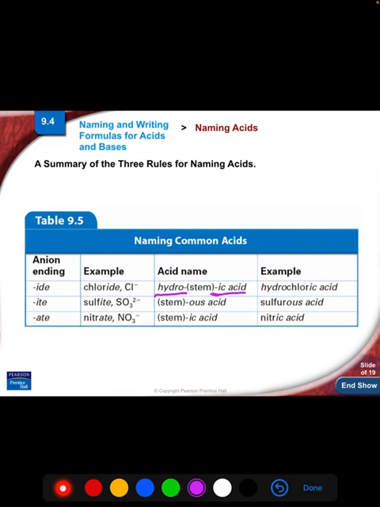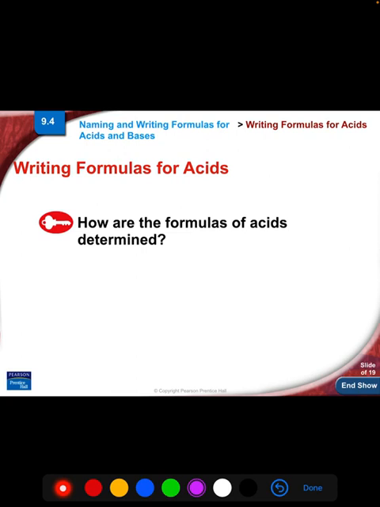If it ends in, I'm going to go to the one that's more common, and that is if it ends in ate, as in nitrate, sulfate, phosphate, it becomes the ic acid. So, for example, phosphate would become phosphoric acid, another common laboratory acid. And then finally, the ites, like sulfite, becomes the ous acid, as in OUS ending, and becomes sulfurous acid. 3 quick rules, and we're done.